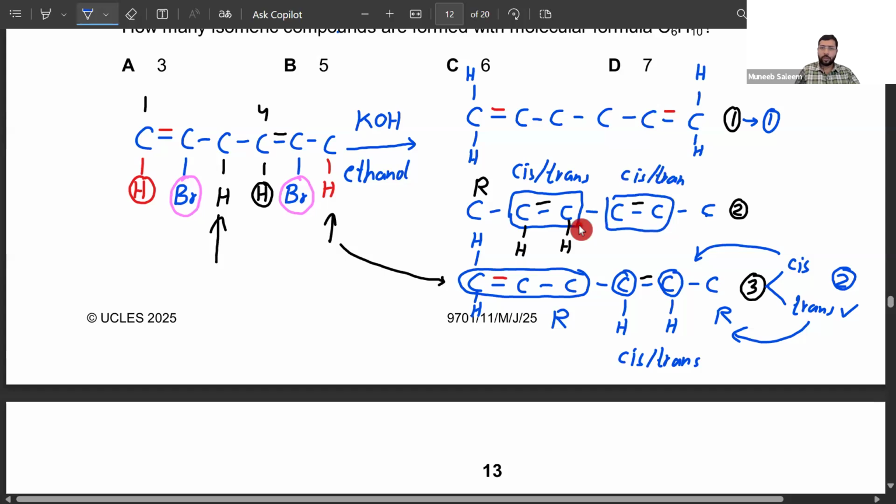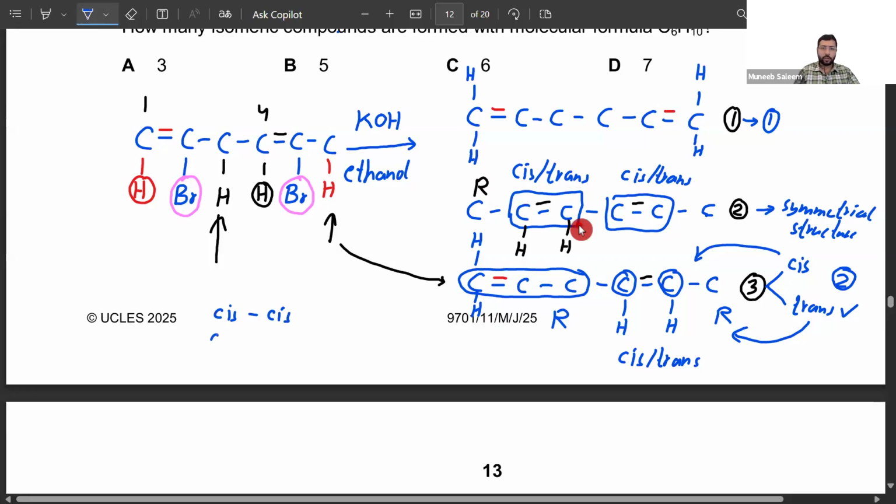So how will we calculate these number of combinations? If we have a symmetrical diagram, this is symmetrical, you have to learn this rule. If we have a symmetrical structure for the double bonded compound, you should remember that we can have cis-cis combination because of two double covalent bonds.